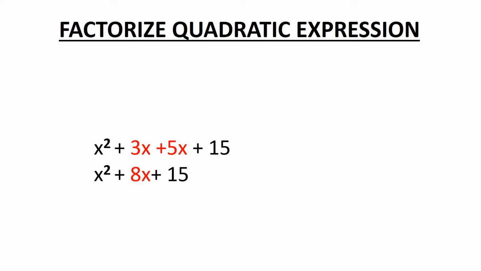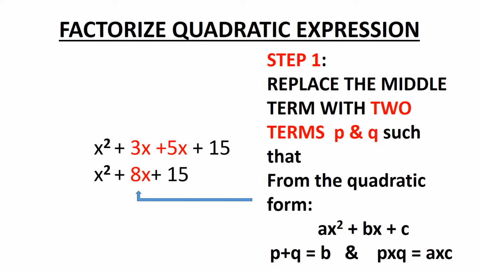Here are the conditions. Let us say we're assigning one of our numbers to be P and the other Q. Then we would like to choose our numbers such that when we add the 2 numbers, I'm getting the coefficient of x. In this case, the coefficient of x is 8.